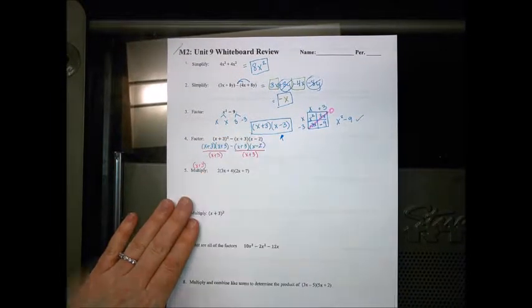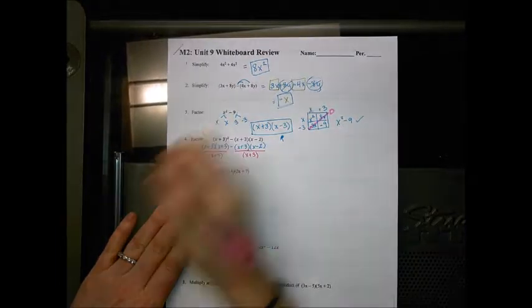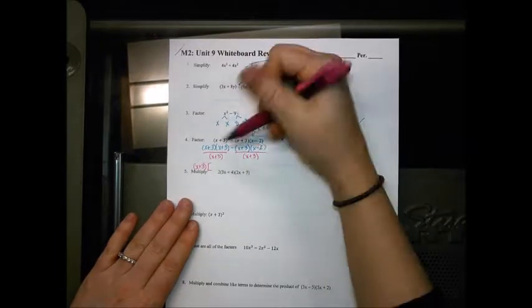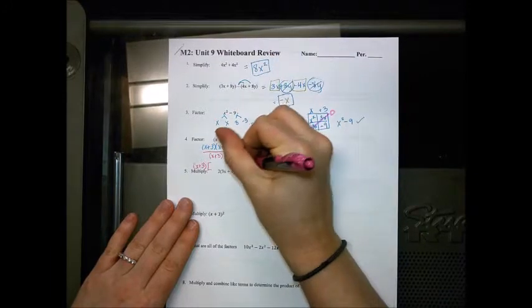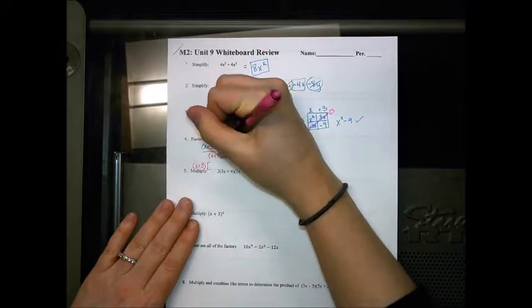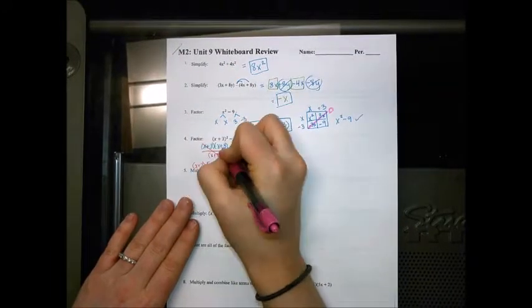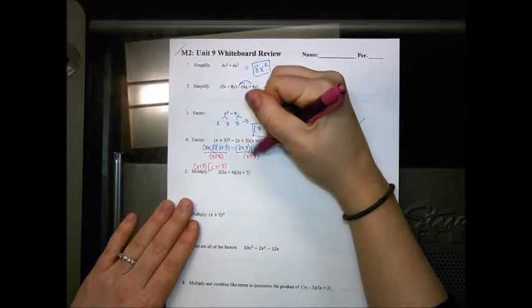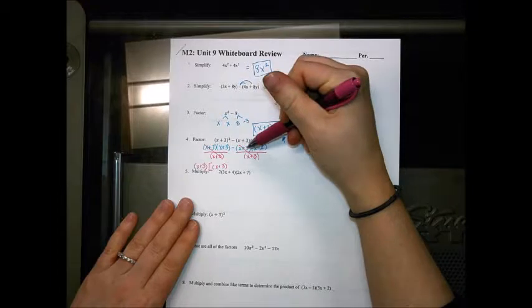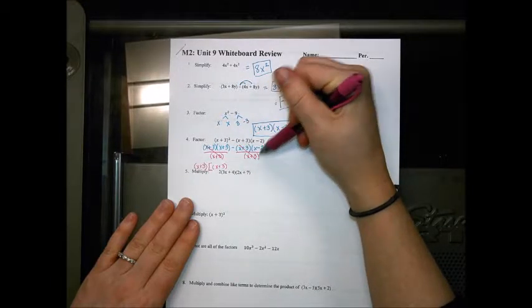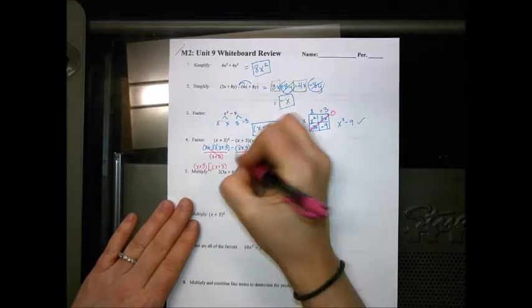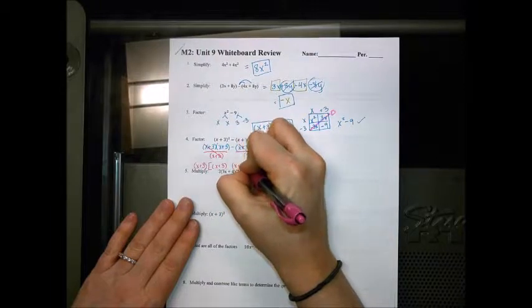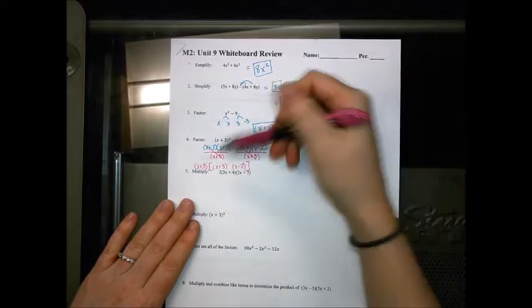You bring your greatest common factor out to the front, and after dividing it out of each term, we can see what's left over. So these x plus 3's cancel, and I'm left with this x plus 3. These x plus 3's cancel, because x plus 3 over x plus 3 equals 1, and I'm left with this x minus 2. But remember, it was a binomial.